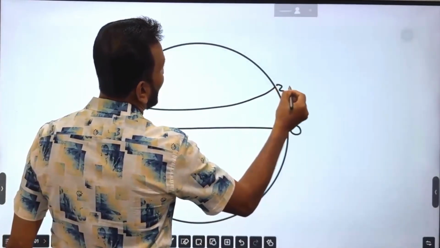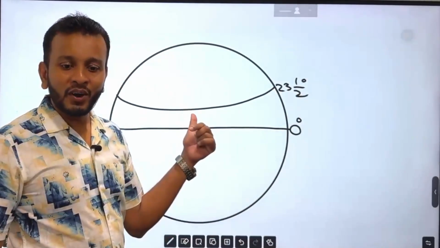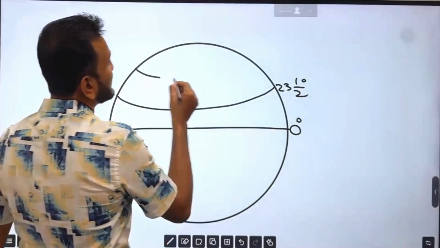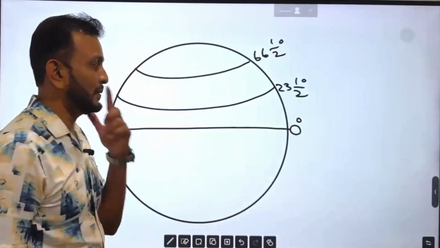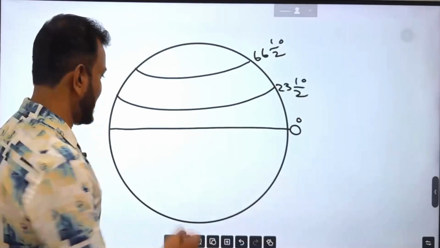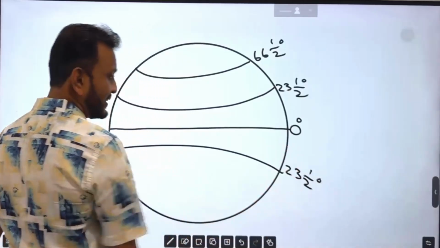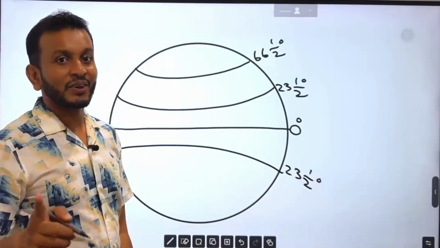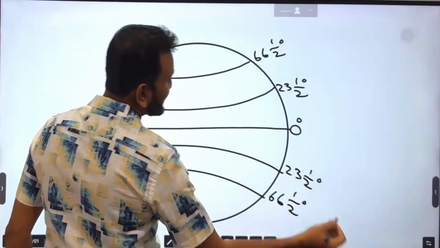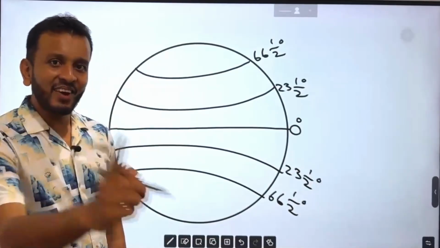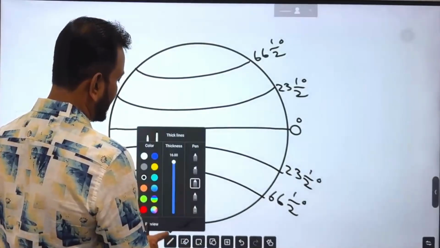Equator. 23.5 degrees northern latitude is called the Tropic of Cancer. 66.5 degrees northern latitude, Arctic Circle. 23.5 degrees southern latitude, Tropic of Capricorn. 66.5 degrees southern latitude is called the Antarctic Circle. Okay.